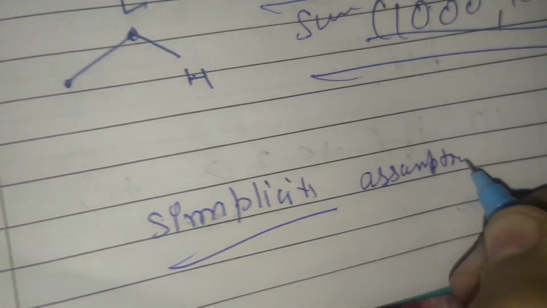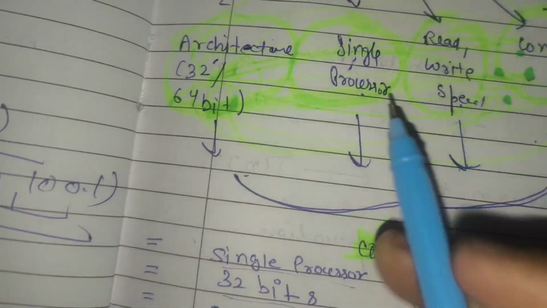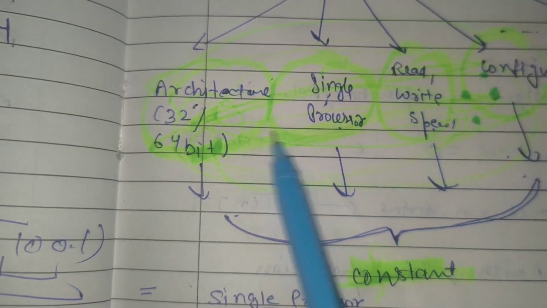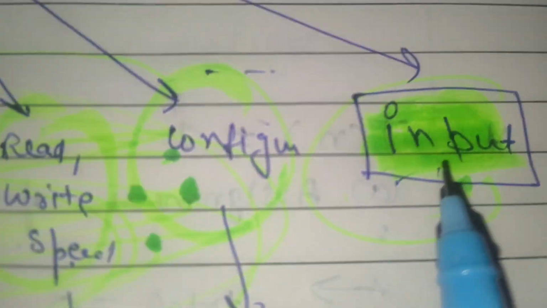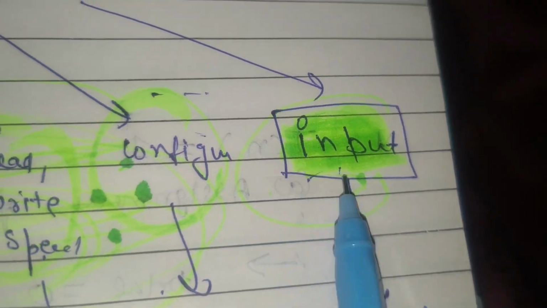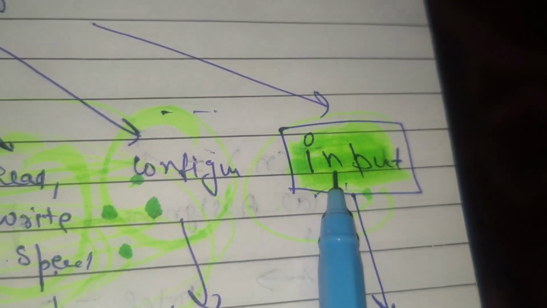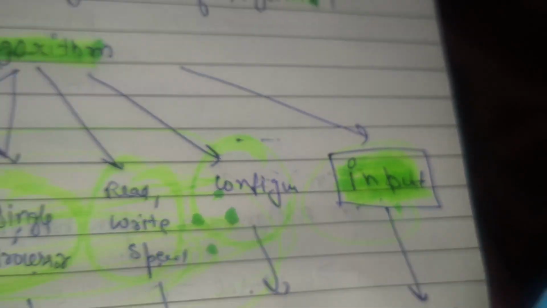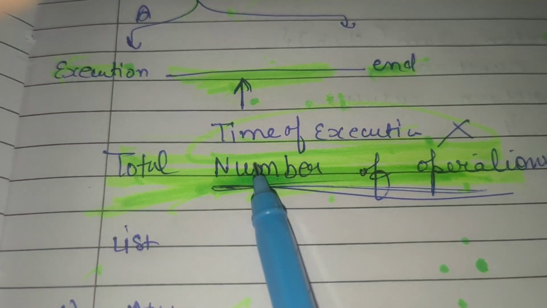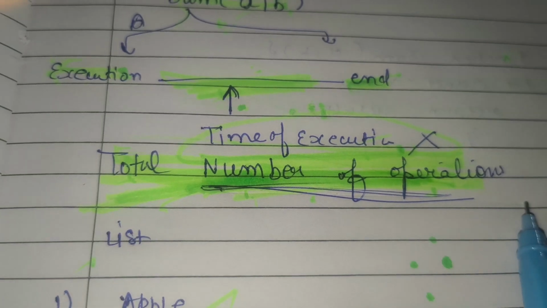Assumptions are really important. We can't go into the detail of things like architecture and processor. We are just going to focus on the input, and based on the input, we are going to calculate the time complexity, which is the number of operations.